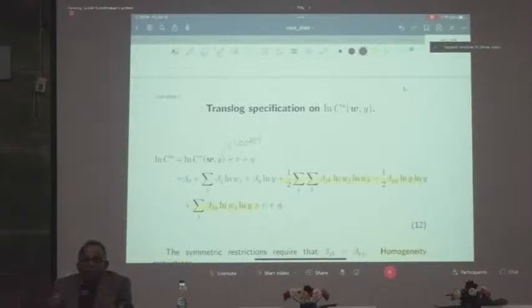In a production function, arguments are inputs. So when you take a log linear, then log of y is equal to, again, a linear function of log of x's. So here again, it's a log linear, and the arguments for the cost function are w and y. So you take a linear function of this with a log of y and a log of w.